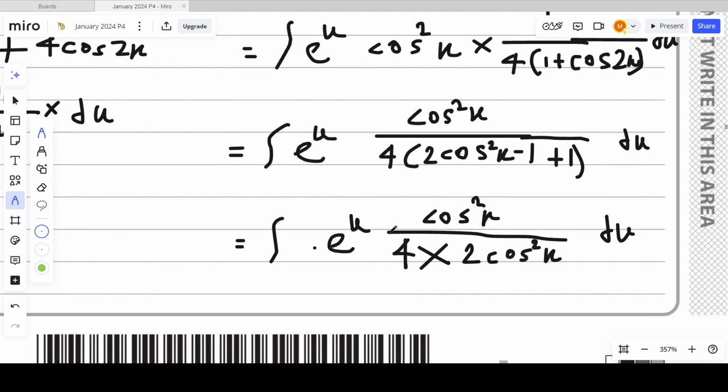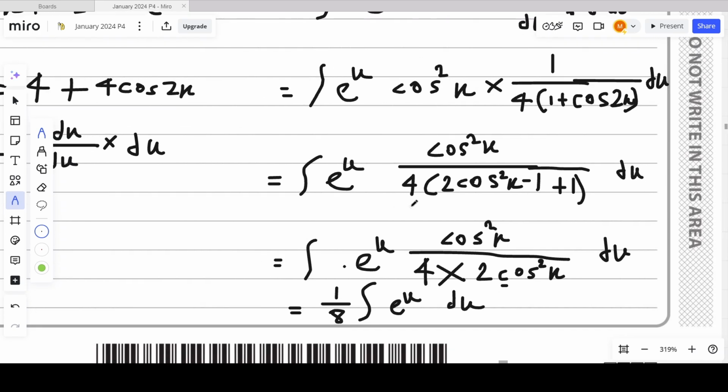Now you can easily understand that we are actually approaching our goal, what we were thinking of. So now 4 times 2, this is 8. So take this 1 over 8 outside the integral. It would be e to the power u, and cos squared x gets cancelled out. We are done with our goal, isn't it? Fine?